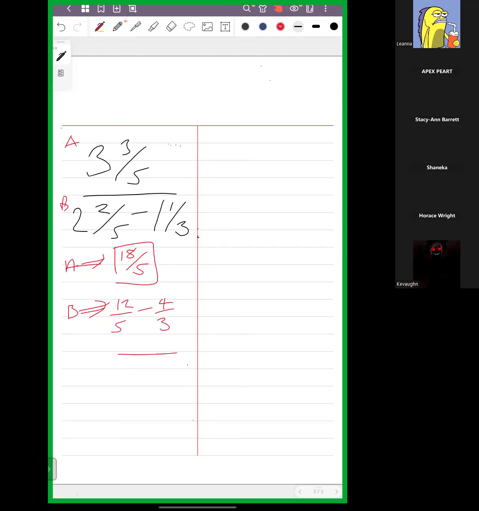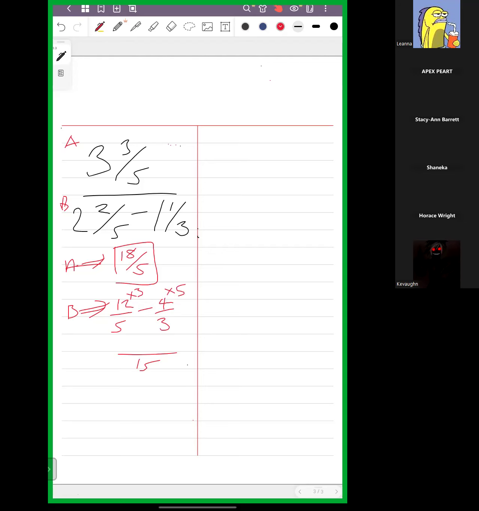So the LCM here is 15. 5 into 15 goes 3 times. We're going to put that 3 at the top here. And 3 into 15 goes 5 times. Put that 5 right above the 4 here as a times sign. Okay, ready.